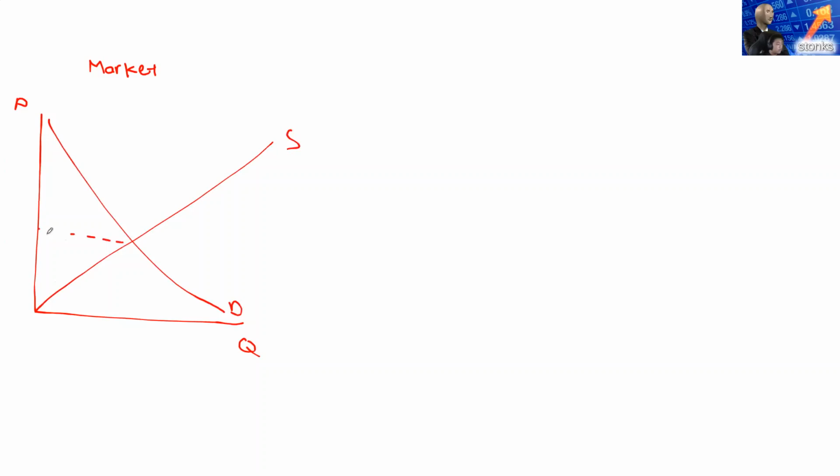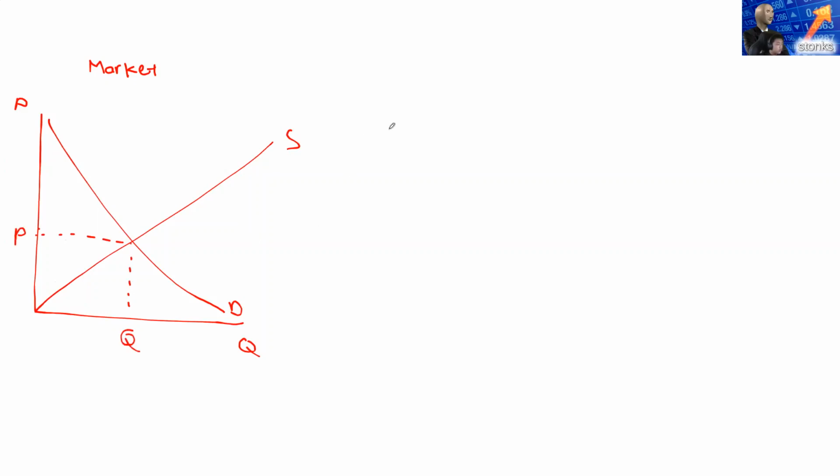That's very important, two graphs. All right, this is the market. And that's where you have the supply and the, oh, what is that? All right, so demand and supply, and we have equilibrium price, equilibrium quantity.